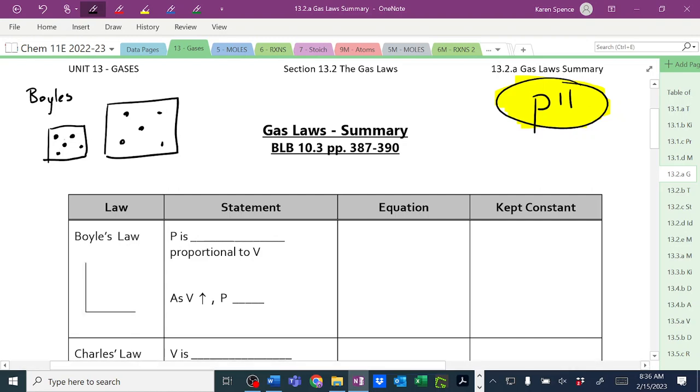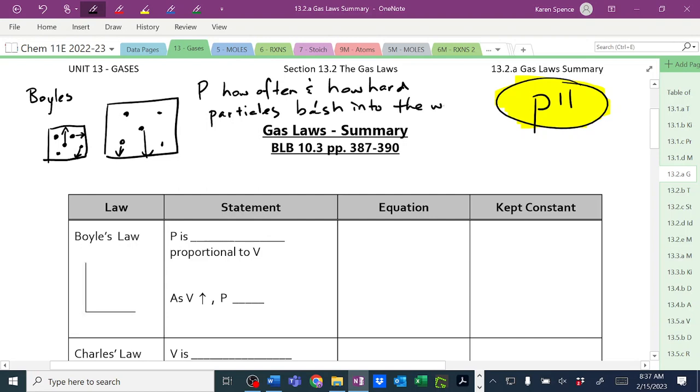Remember, pressure is how often and how hard the particles bash into the walls.